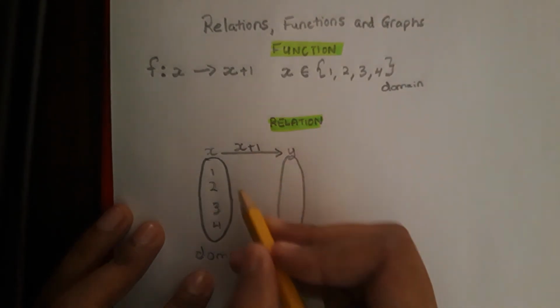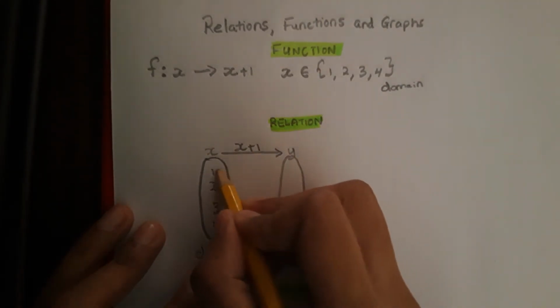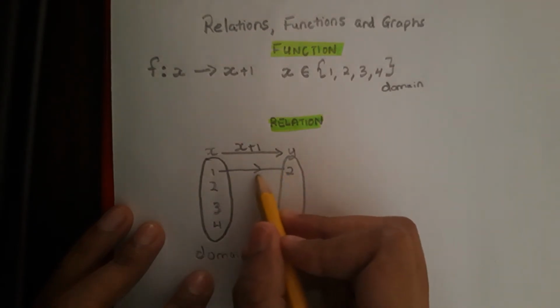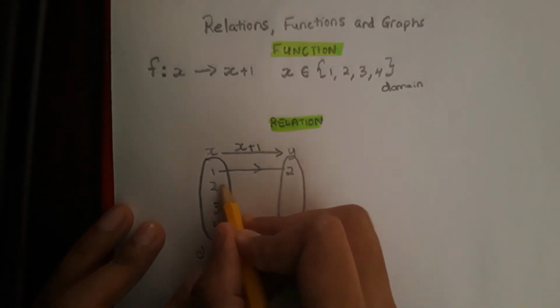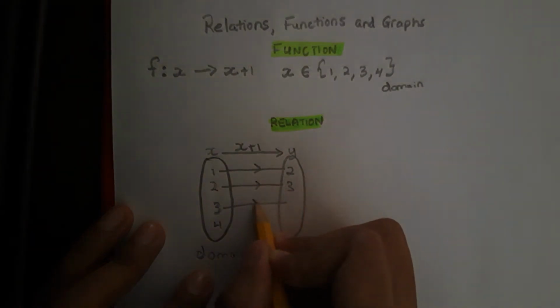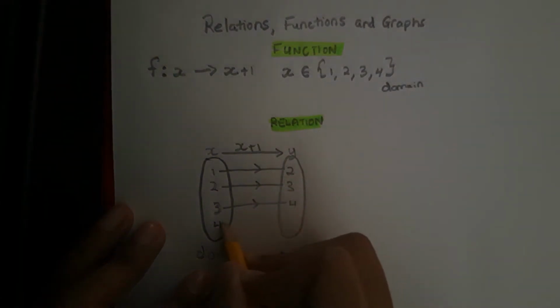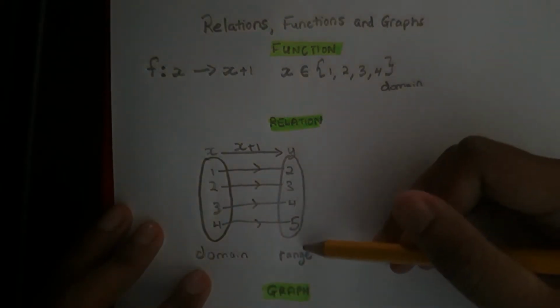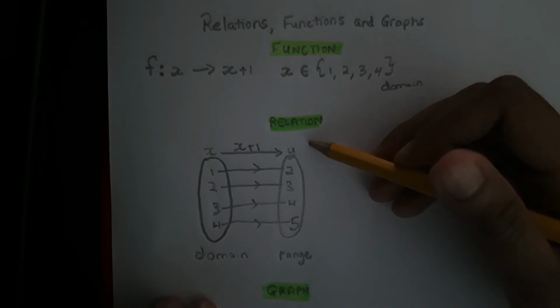So when x goes into x plus 1, it becomes 1 plus 1, which is 2. Notice the arrowhead and the line connecting the 2. 2 plus 1 gives us 3. 3 plus 1 gives us 4. And 4 plus 1 gives us 5. The second bubble here is our range.